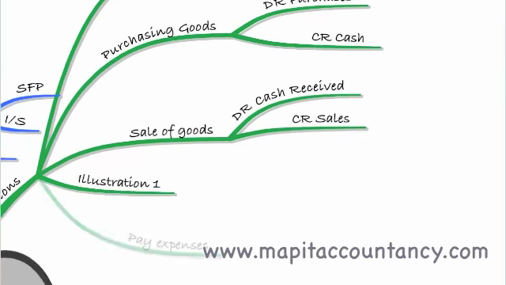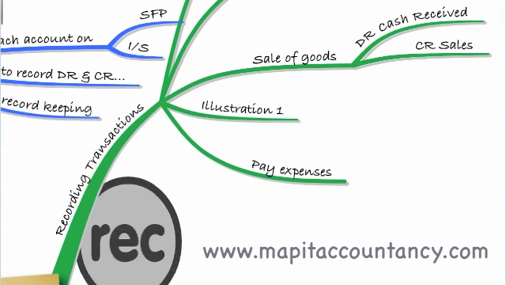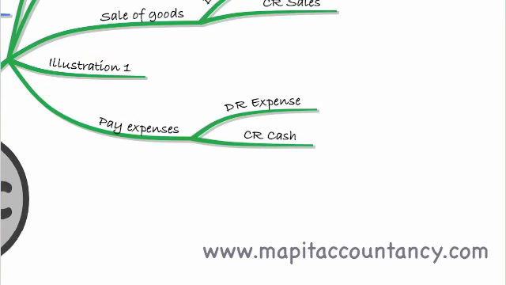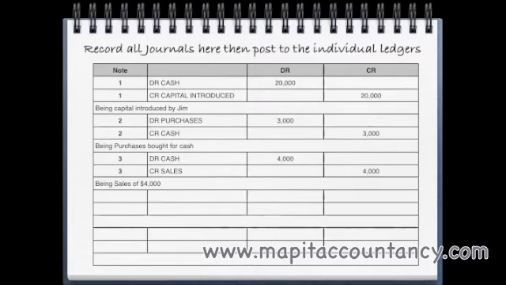We now have some more expenses that Jim has paid, and the entry for any expenses that have been paid in cash will be to debit the expense on the income statement. So remember, that is a debit balance. It's a debit amount, so we debit it and then we credit cash. Remember, cash is a debit balance, so to reduce our cash, we credit it.